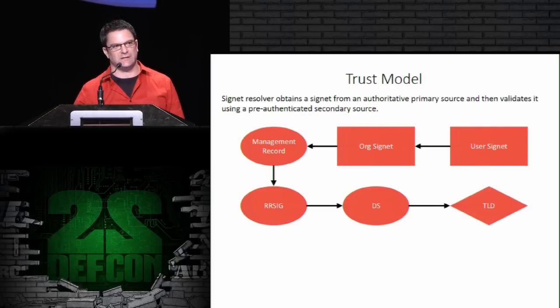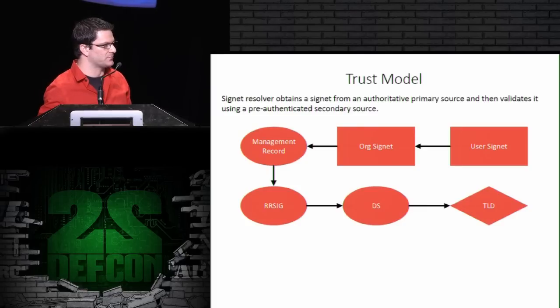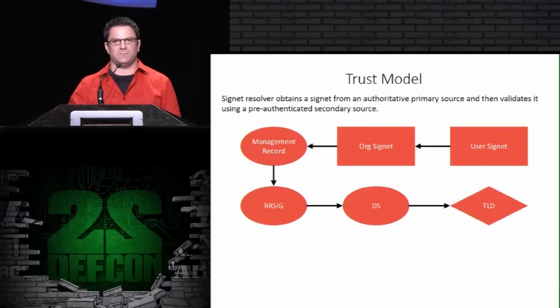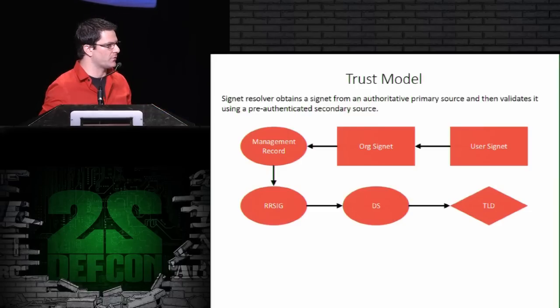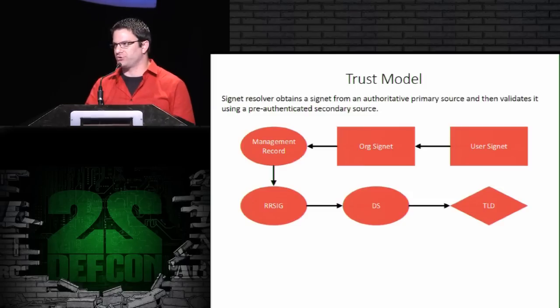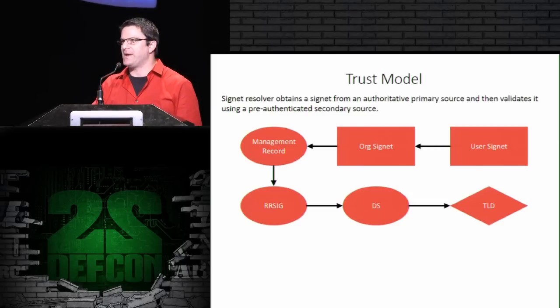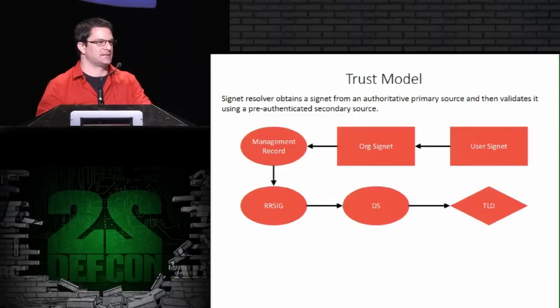The root keys, TLD root keys, ship with your resolver. It's pre-authenticated. And what it means is that if an attacker wants to give you spoofed or false information, fake data, they actually need to compromise one of the keys in this chain in order to do it. They can't just make up an entire alternate internet and stick you on it.